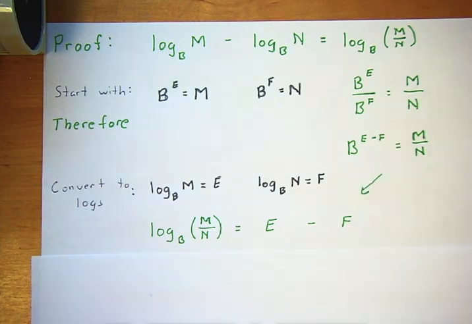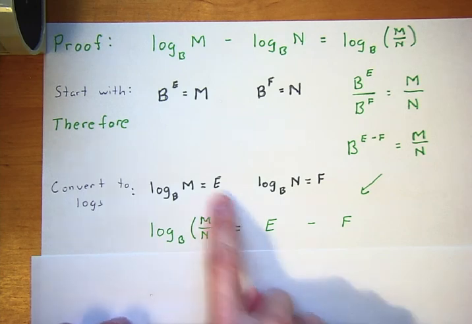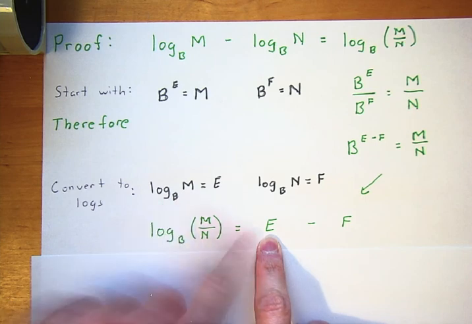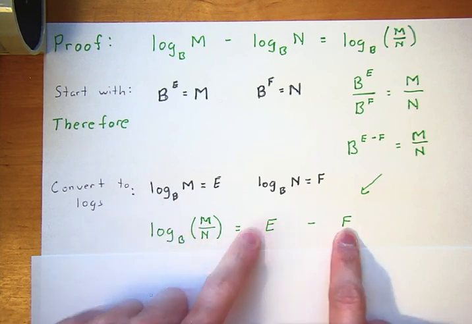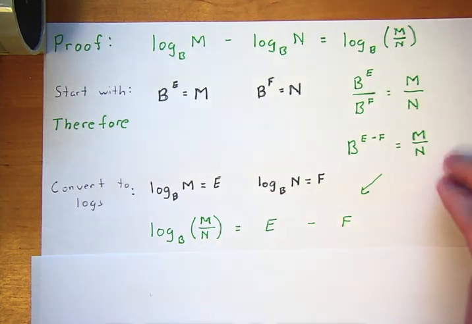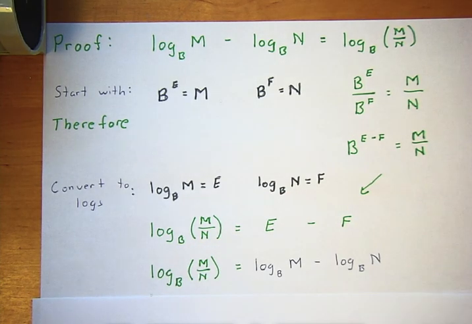So once again, I'm going to substitute. This E is equal to log base B of M, so I'm going to substitute that in. This F is equal to log base B of N, and I'll substitute that in. And that's what we have.